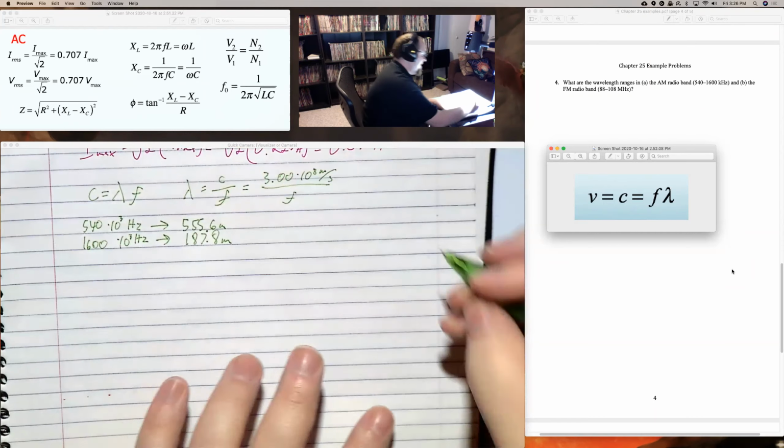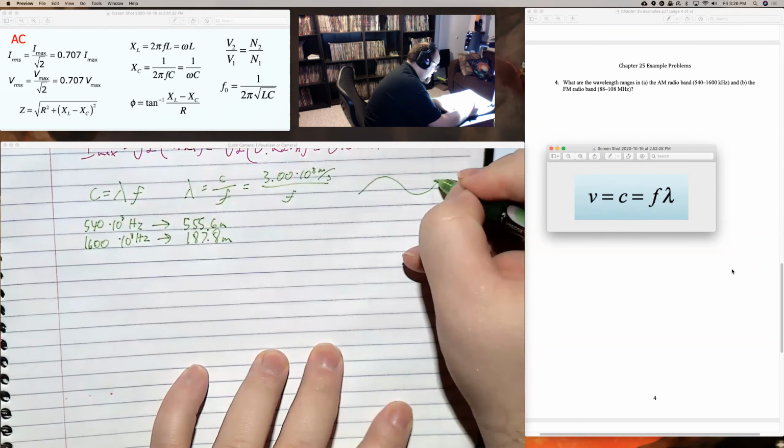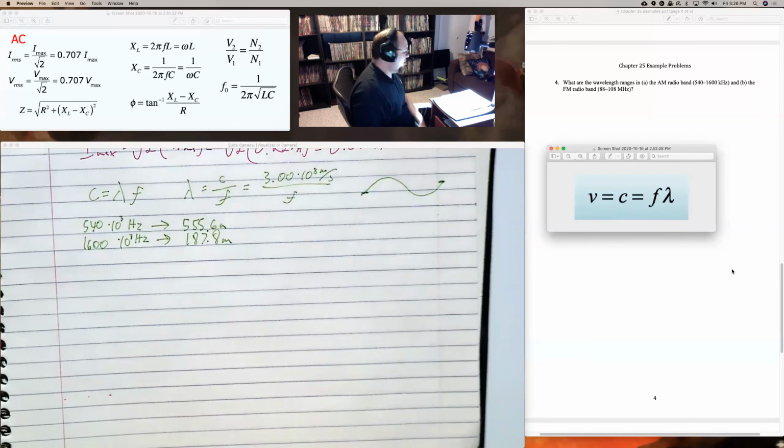Now let's think about that. That means the wave is between 200-ish and 550 meters. Radio waves are huge because they do have such a large wavelength. That's why they can pass through materials well.